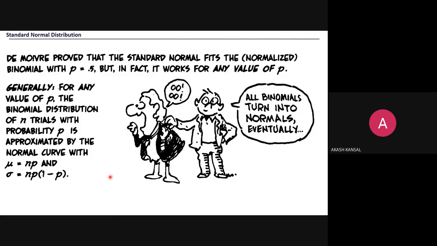If you remember when we were discussing the Excel sheet, the distribution there was very close to a normal shaped curve, a bell curve. That experiment can also be approximated by a normal curve with mean equal to np and sigma equal to the square root of np into 1 minus p. That's how we can correlate the binomial distribution to a normal distribution.